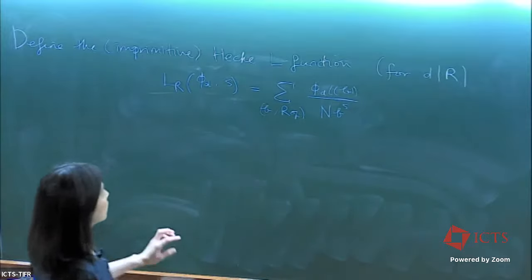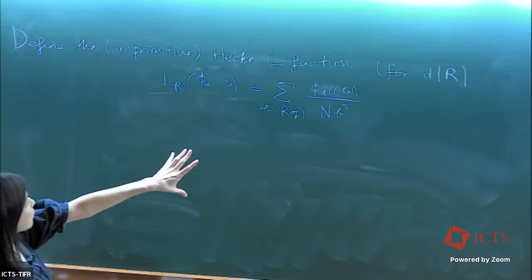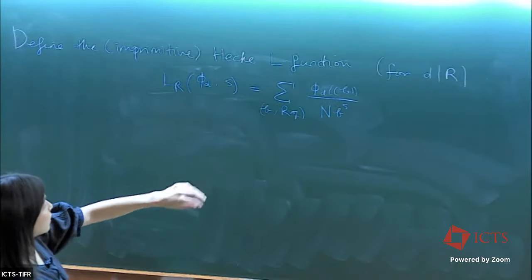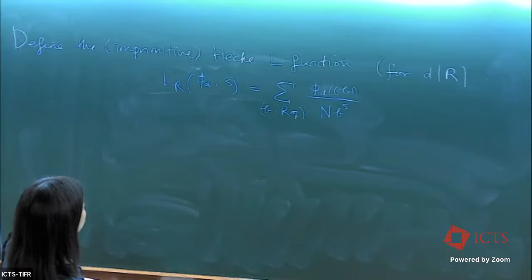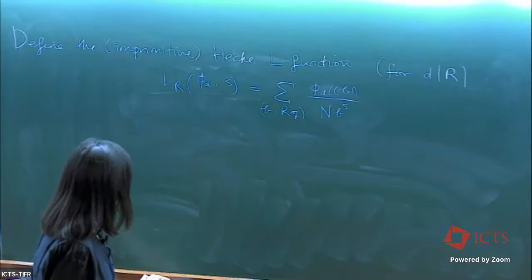And by the work of Doering, the Dirichlet series on the right-hand side converges and has analytic continuation to the whole complex plane.